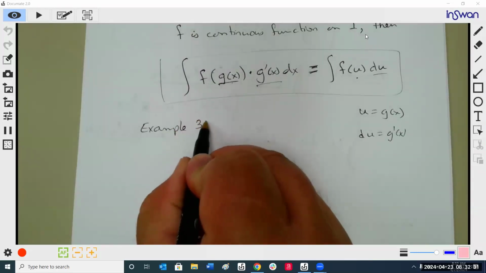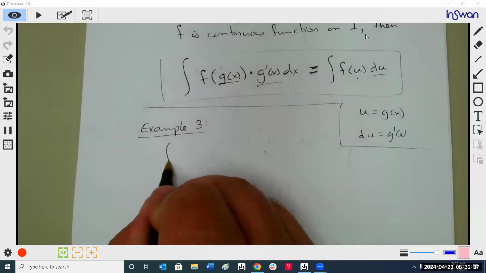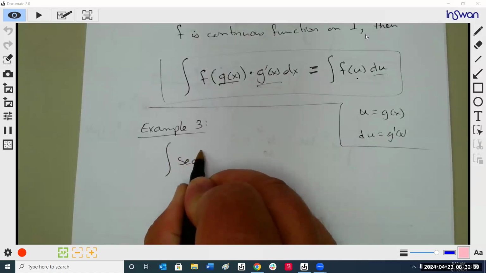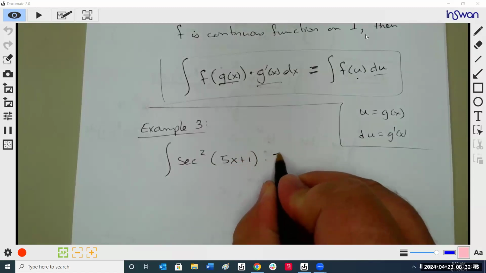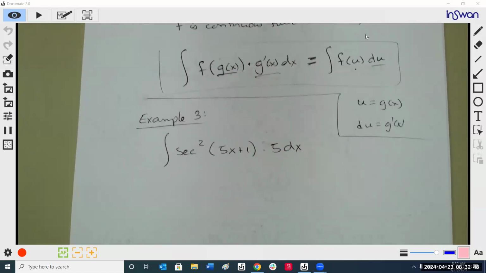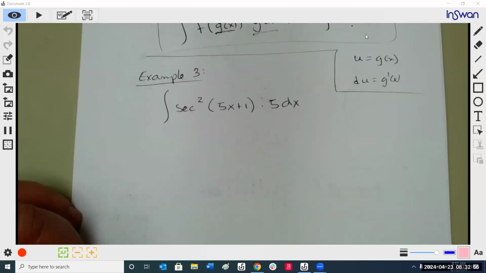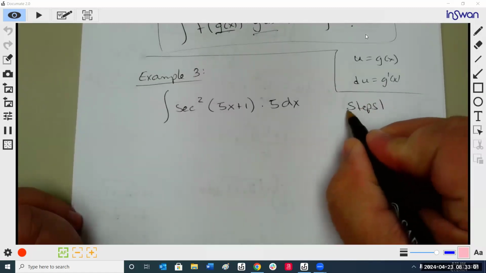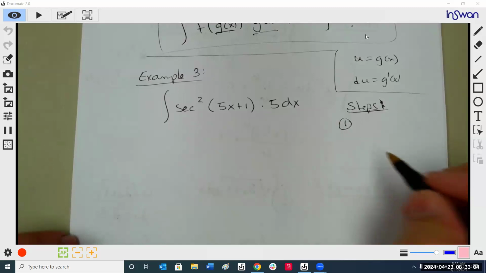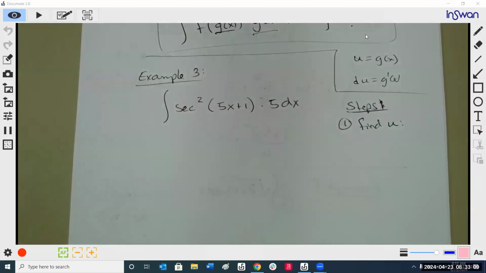Example 3. Find the integral of secant squared of 5x plus 1 times 5 dx. So here are our steps. First step, find u.